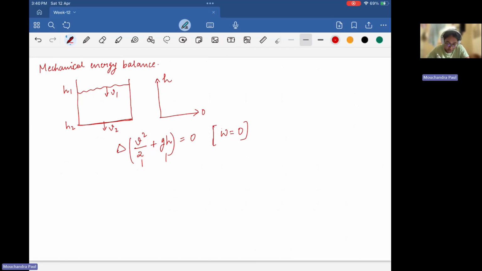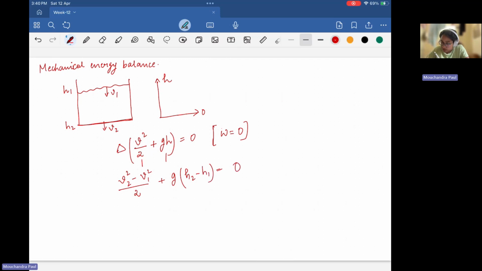Let's rewrite this equation in terms of V1, H1 and V2, H2. So V2 square minus V1 square by 2 plus G times H2 minus H1 equals 0.